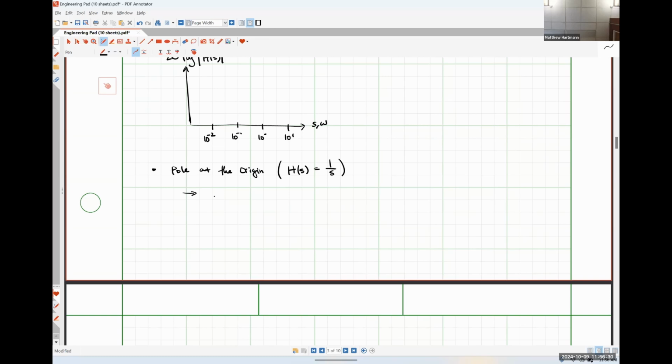So at s equal to 1, what would the value of our transfer function be? Let's look specifically at the magnitude here. Not a trick question. Absolutely right.